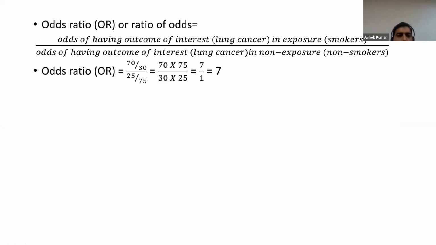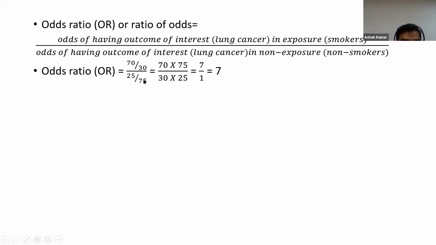Okay, then again, odds ratio, or the ratio of odds. So we have put these values in the formula. Odds of having the outcome of interest, lung cancer, in smokers, over odds of having the outcome of interest, lung cancer, in non-exposure, that is non-smokers. So that is 70 divided by 30 and 25 divided by 75.